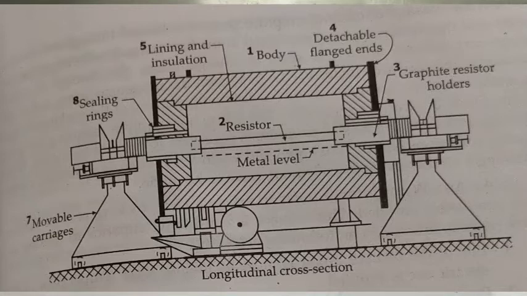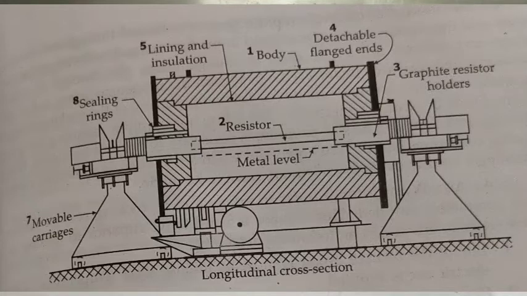The graphite resistor shown by point 2 is arranged along the horizontal axis and is held in place by two large diameter holders, pointed by 3, also made of graphite. One of the holders, which is detachable, has the resistor fitted in a plug socket, while a conical connection is made with the other. The graphite holders pass through close-fitting refractory tubes, and properly designed sealing rings, pointed by 8, prevent the ingress of air.